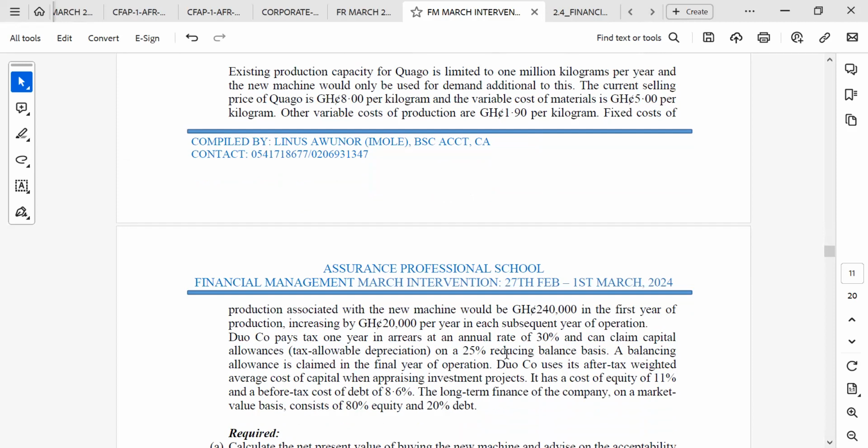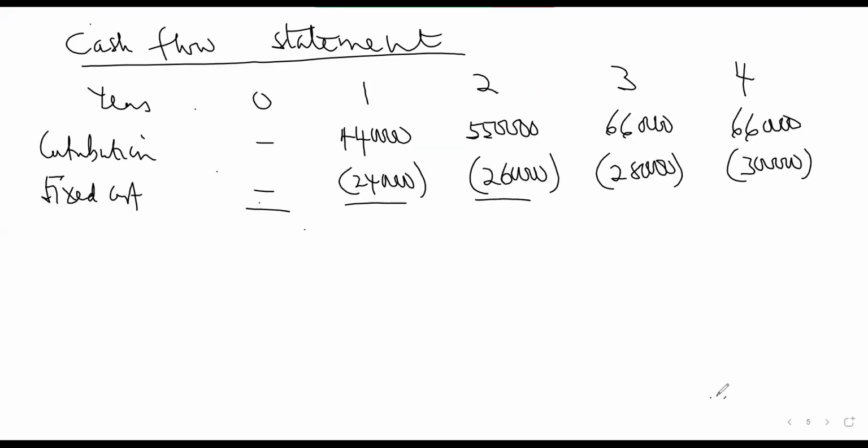So what we are coming to calculate is the tax benefits. So let's calculate our cash profits. This will be 200,000.